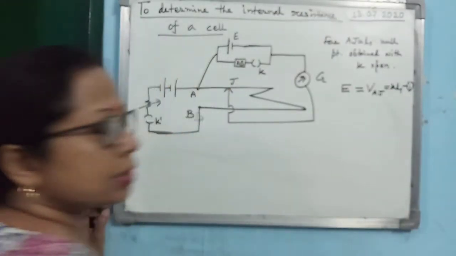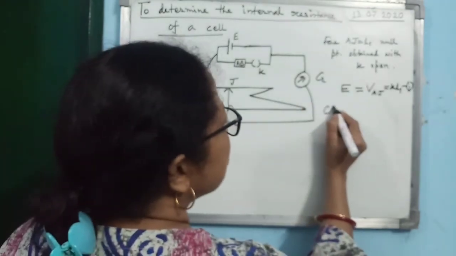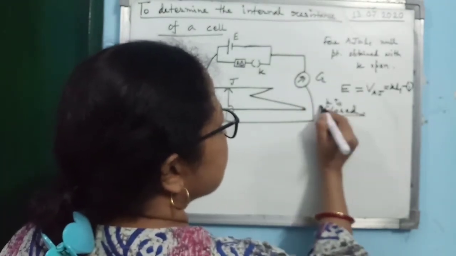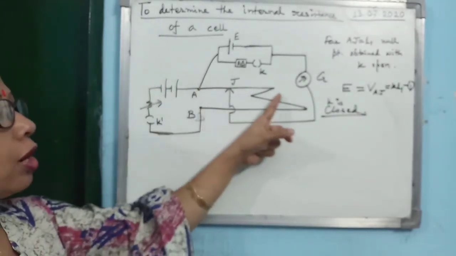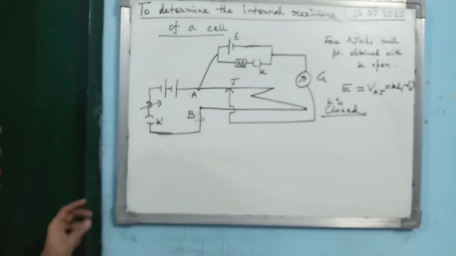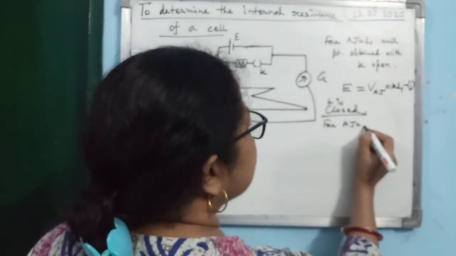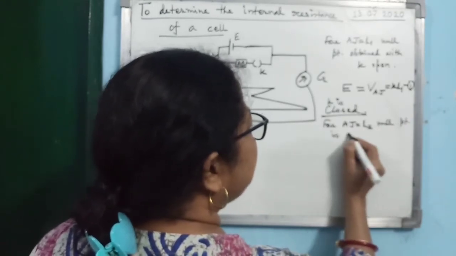This is the first. Next you close K. Key is closed. Now again you slide the jockey over the potentiometer and find the null point. And let us consider AJ equal to L2, null point is obtained.